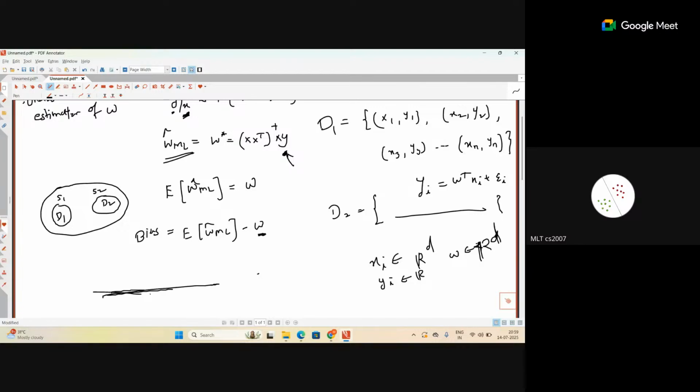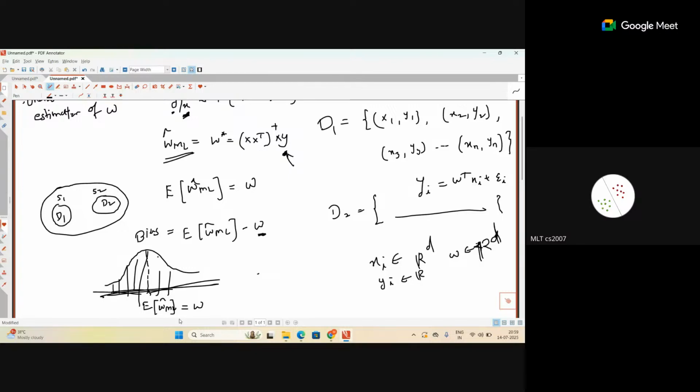It will have, right? For different data sets it will be different. Suppose this is the distribution, and the mean of this w hat ML, the expectation of w hat ML, is equal to the true w. Understand?